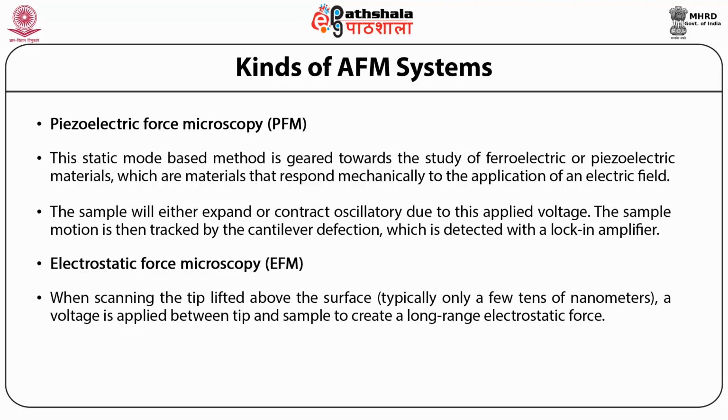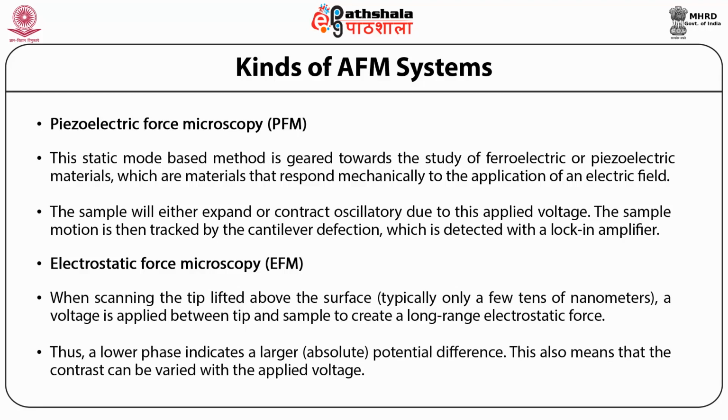AFM images reveal information about surface potential and charge distribution from the phase image. With increasing magnitude of the potential difference between tip and sample, the resonance frequency drops, causing a reduction in phase. Thus, a lower phase indicates a larger absolute potential difference. This also means that the contrast can be varied with the applied voltage.